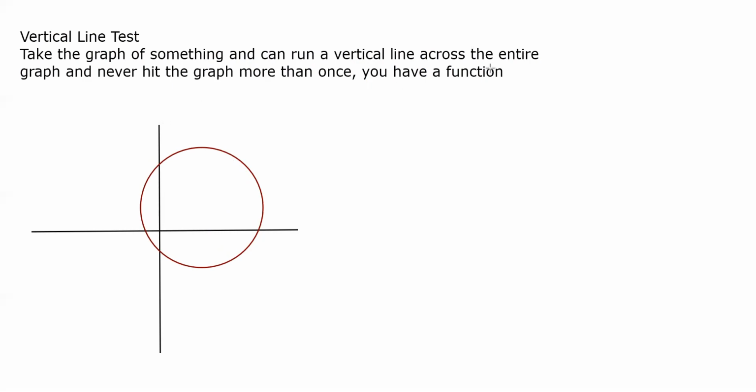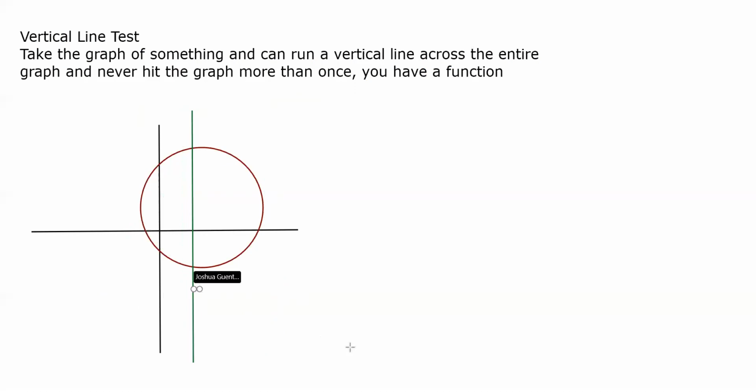Well, let's find out. Let's take our vertical line. We're going to run it across the entire graph. Setting off alarms. No, that fails the vertical line test. You have to be able to run the vertical line entirely across the function, and it never touches the function more than once.